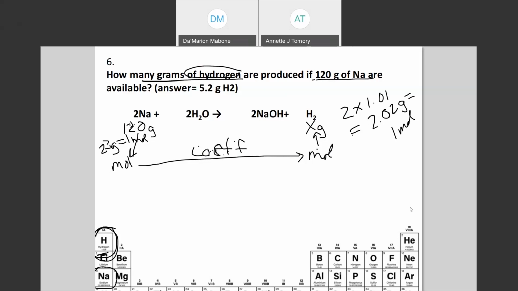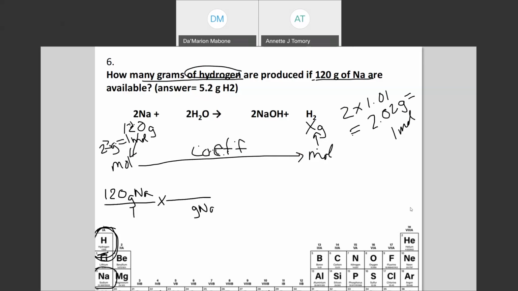Okay, you follow me? Yeah. So I have 120 grams as my starting point. What do I do with that number whenever I have a starting point? Now I'm going to put it over 1. So 120 grams of Na go over 1. I have grams of Na on the top. What am I going to put on the bottom of the next line? Grams of Na.